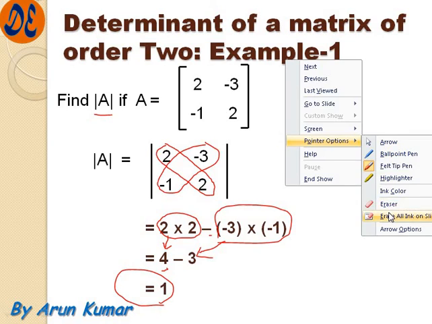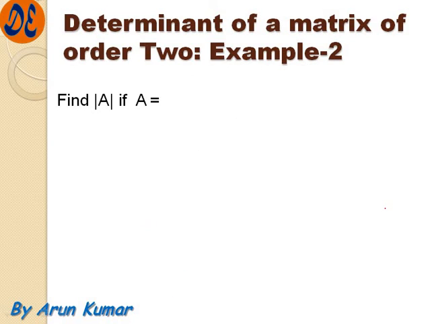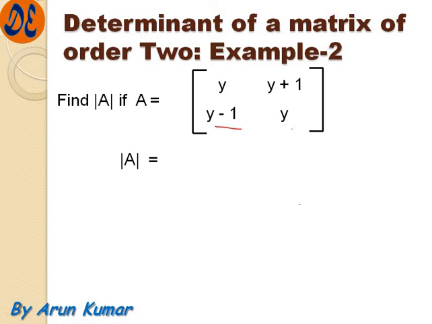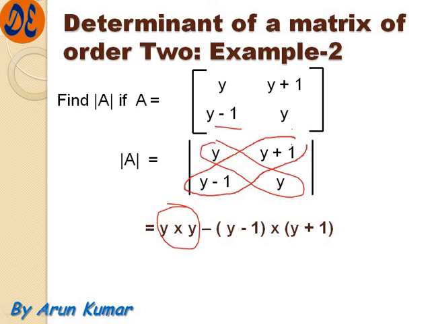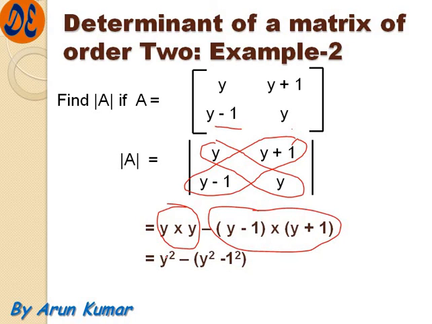Similarly, now see one more example. If A is y plus 1, y minus 1 and y, then in a similar way we will determine y into y, you can see easily, and then this side also you can see easily. Now if you solve, y square, and this particular format is in the form of a minus b, a plus b.